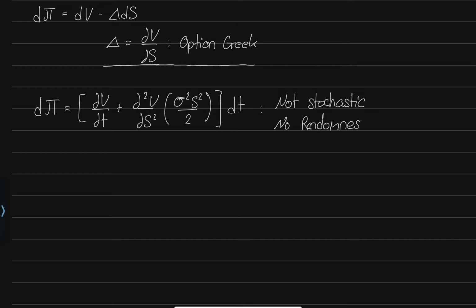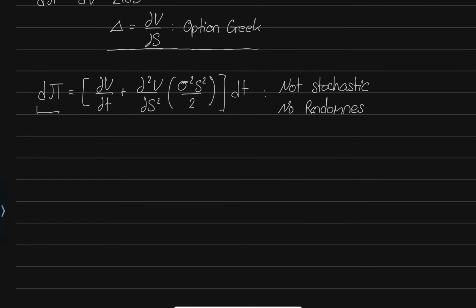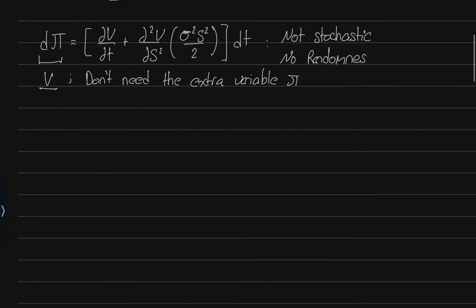Now, what we want to do is get rid of this d pi, because what we're interested in is v. We don't need the extra variable pi, because again, what we're interested in is our derivative price. So to do this, we want to construct another risk-free portfolio.